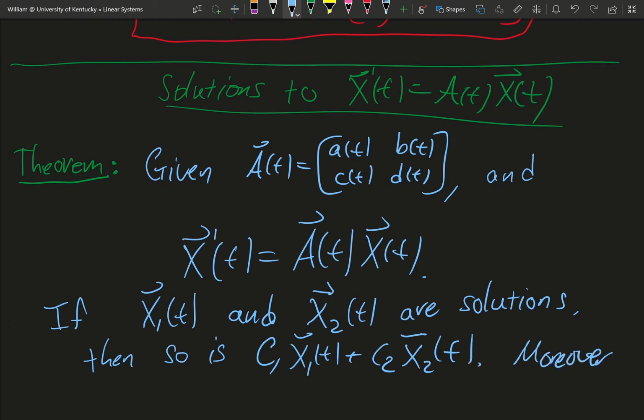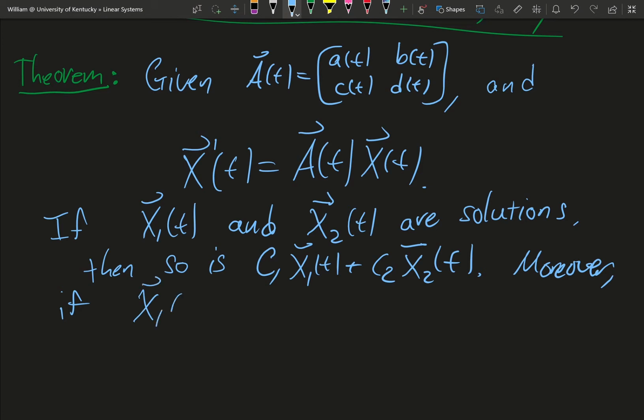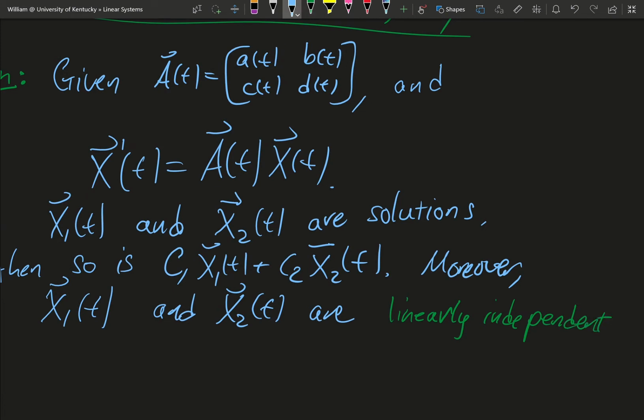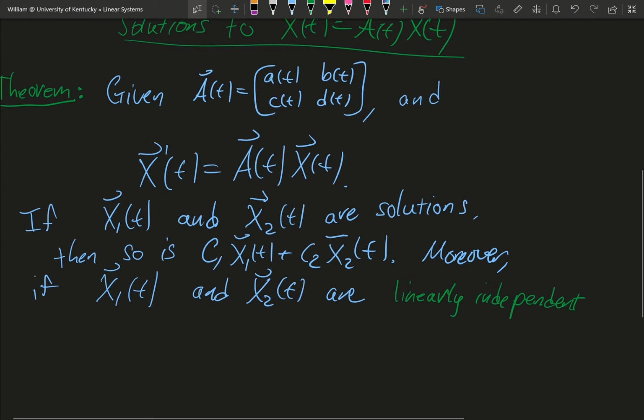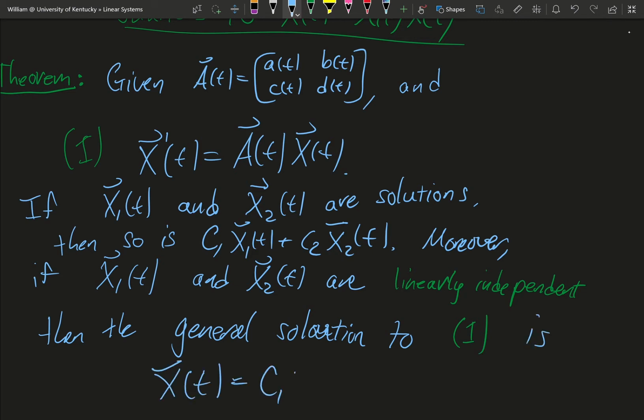And moreover, if x1 and x2 are linearly independent, and what linear independence means in this context I will say a little more about in a second, then the general solution to equation 1 is precisely x(t) equals c1 x1(t) plus c2 x2(t).